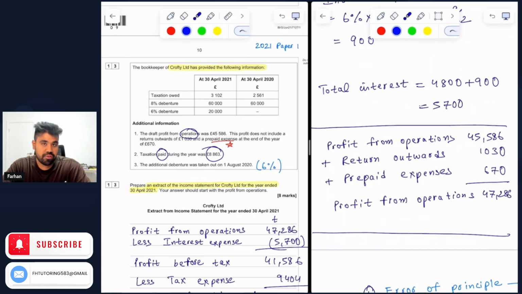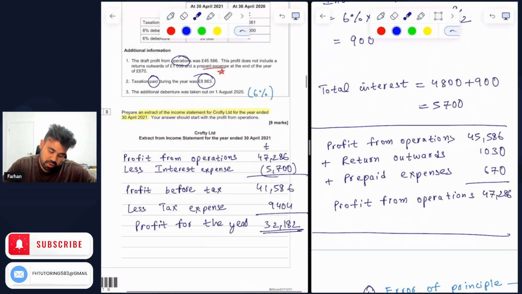It refers to payment made in advance for an expense that will be consumed in the next financial year, which means the amount of £670 is a current asset to Crofty, which Crofty will be consuming in the next financial year. Within the draft profit from operations that we are given, this prepaid expense was included as part of the total expenses, which is wrong. So we have to separate this from the profit calculation, okay?